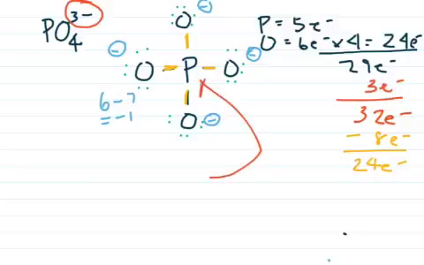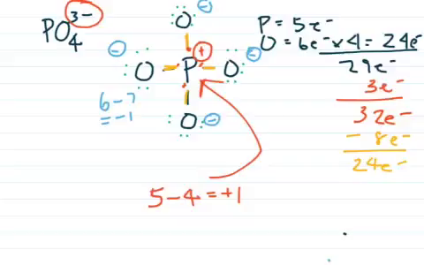Phosphorus needs 5 valence electrons, but I have 1, 2, 3, 4, which gives me a +1 charge. Now this does give me phosphate, but there's a lot of formal charges. So this wouldn't be the best resonance structure.